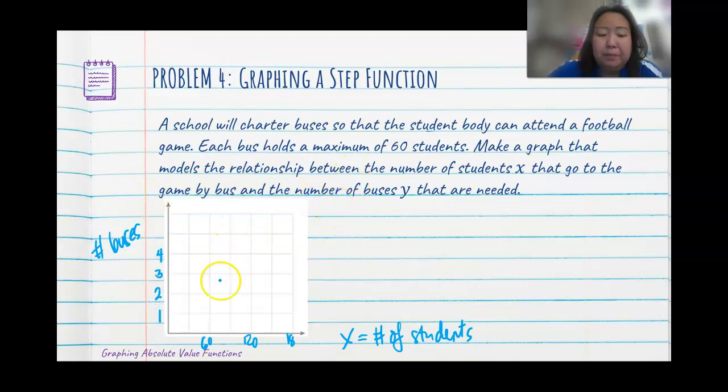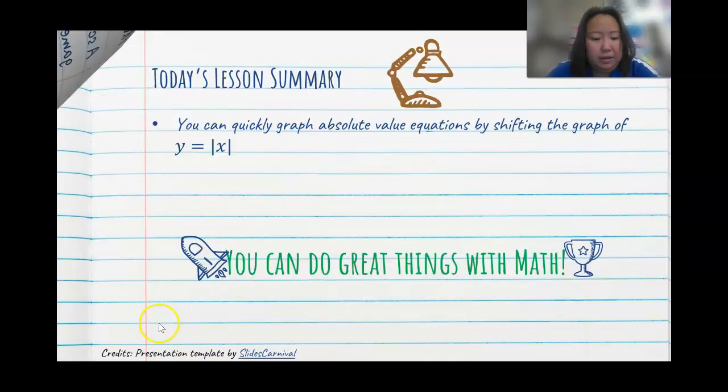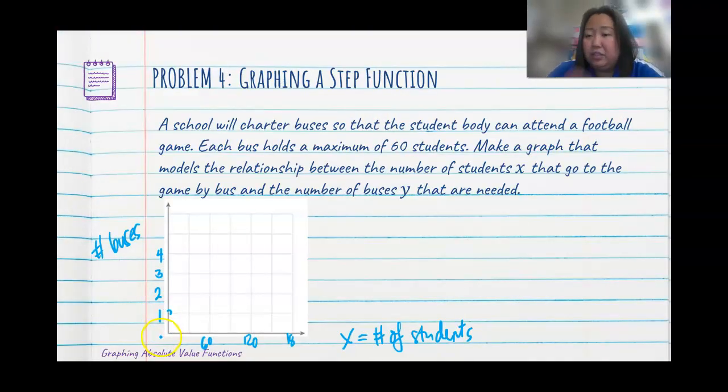If you have 1 student included in the trip, how many buses do you need? 1 student could be placed in 1 bus, right? With 0 students, do you have a number of buses? No. So 0 will be a hollow dot because 0 is not going to be included. The moment that you use 1 bus, you need to have at least 1 student, correct?